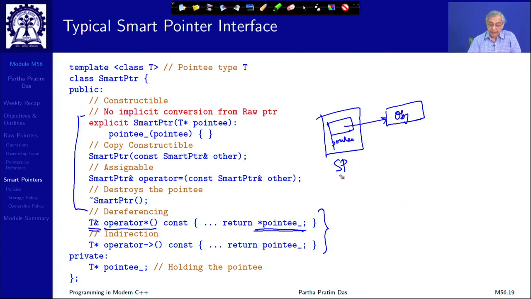Right. So, if I dereference this, I should get this, and that is what is being done by overloading this dereferencing operator. Similar thing happens with the indirection operator. It basically returns me the raw pointer, right, and this is the pointy member.